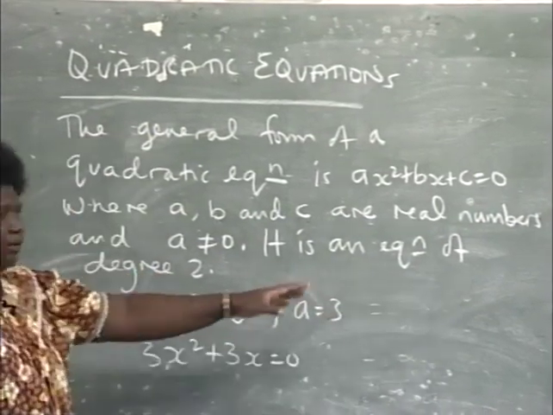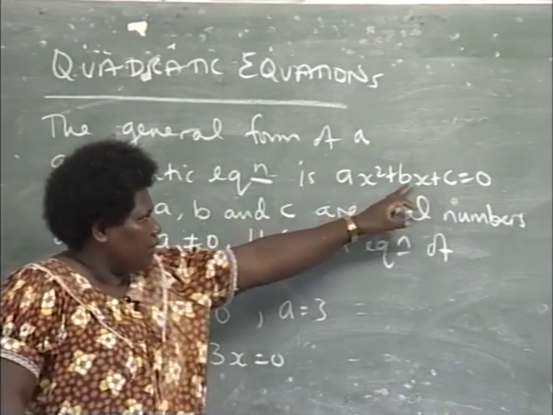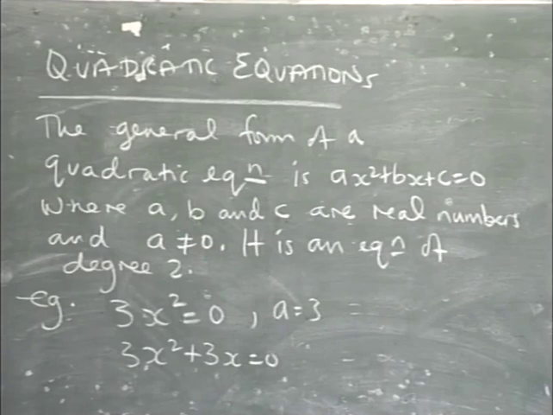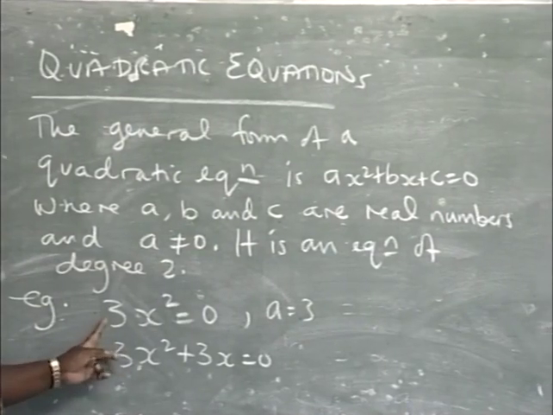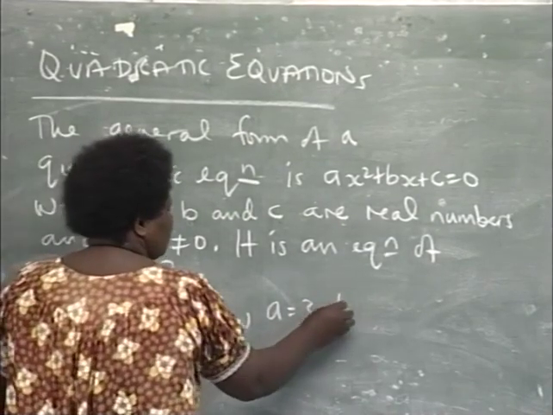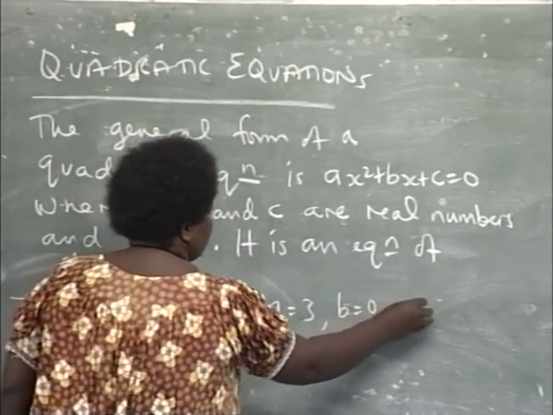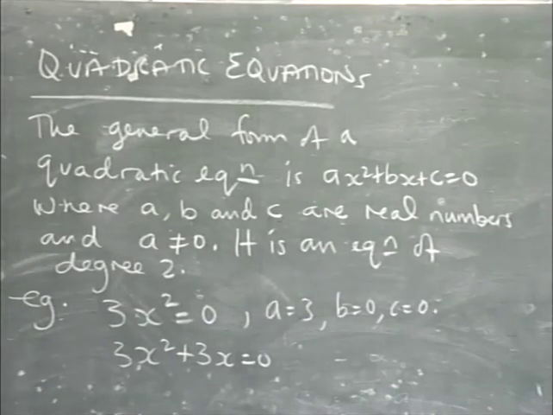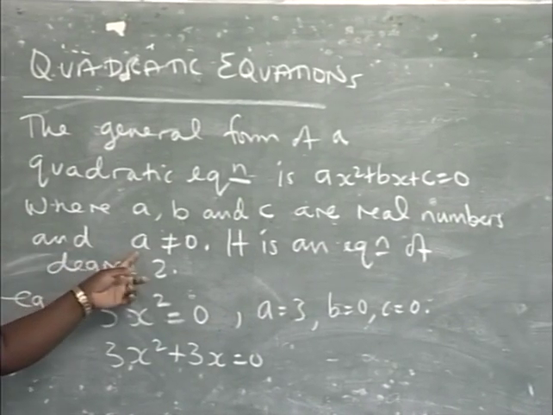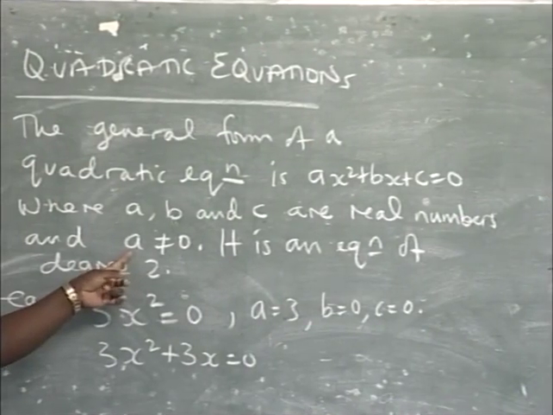The coefficient of x squared is a, the coefficient of x is b, and c is always the constant, it's always by itself. So in this equation, 3x squared equals 0, a is 3, b is 0, and c is also 0. Note, b and c can be any number, only a cannot be 0.